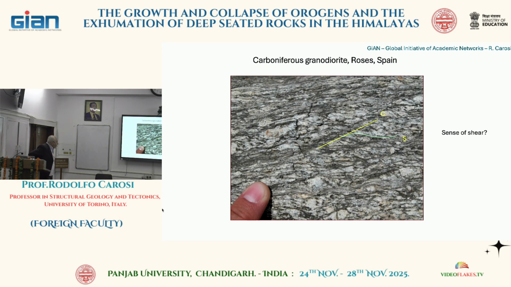Okay, this is a shear zone, Carboniferous granodiorite in Roses, Spain, close to Barcelona, a very nice place because there is good food, paella, the rice with fish, meat, very good, good wine, and also a beautiful shear zone. We are sometimes there with the students to observe because it is along the seaside with very fresh outcrops, very clean.